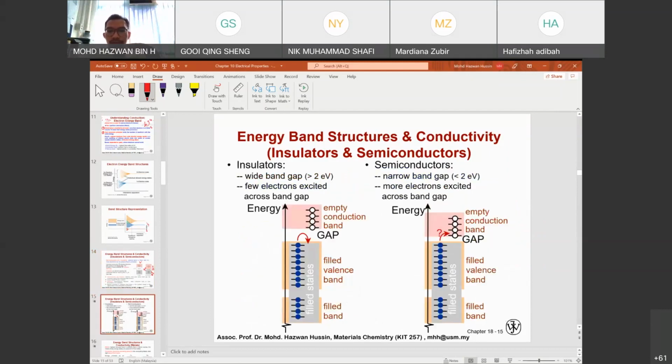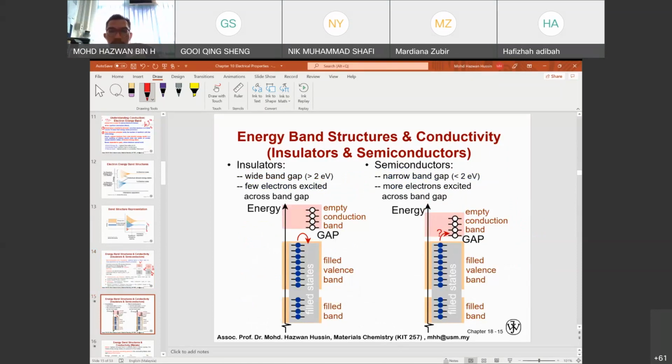Right. Another explanation in terms of insulators and semiconductors is with regard to the valence band. For an insulator, it has a wide band gap, more than 2 eV Fermi energy, or Eg, gap energy.